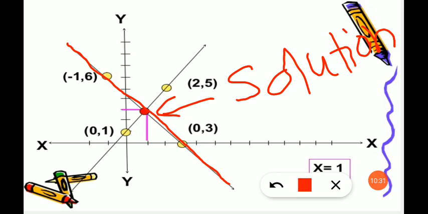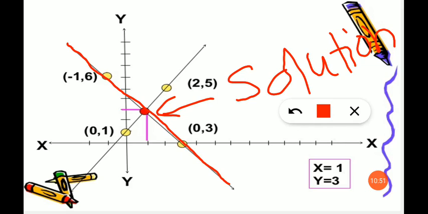We have to find the value of x and y from there.